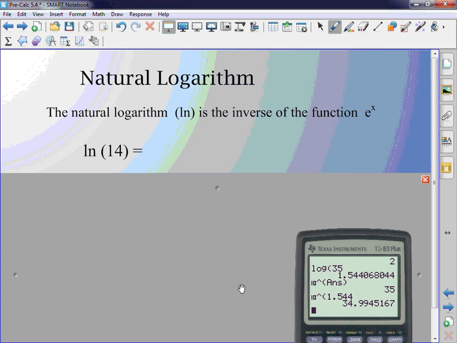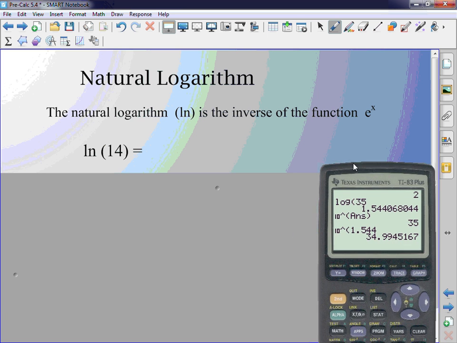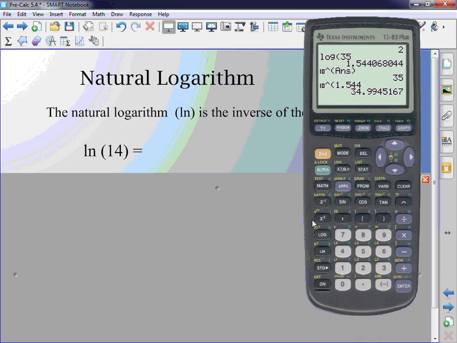Now, ln of 14. Remember how you got to e? You had to do second ln? Just take ln of 14. It's about 2.639.